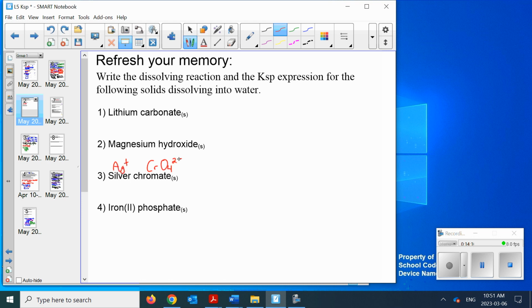That means the silver chromate put together is a solid. It's Ag2CrO4. So, double arrow, it separates into its ions. Ag plus, there's 2 of them, and a CrO4 2 minus.